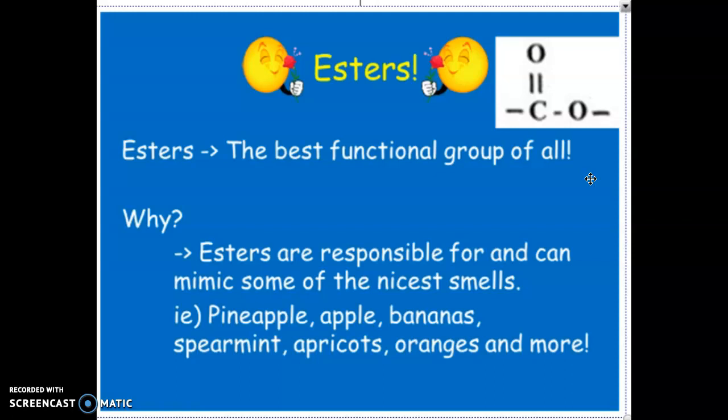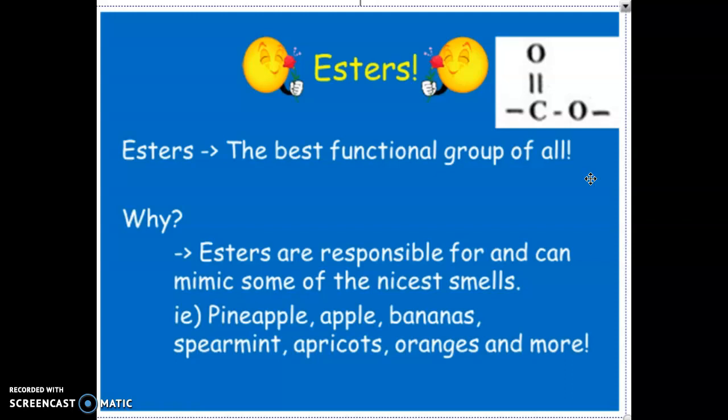Different plants, different fruits. You're going to see also things like spices such as vanilla, cinnamon, a lot of different nice smells that we like to have, unless we have a sensitivity to smells, I'm sorry.